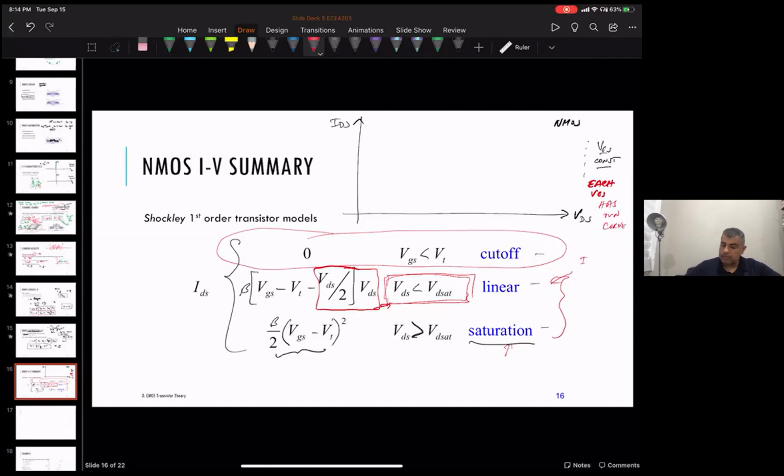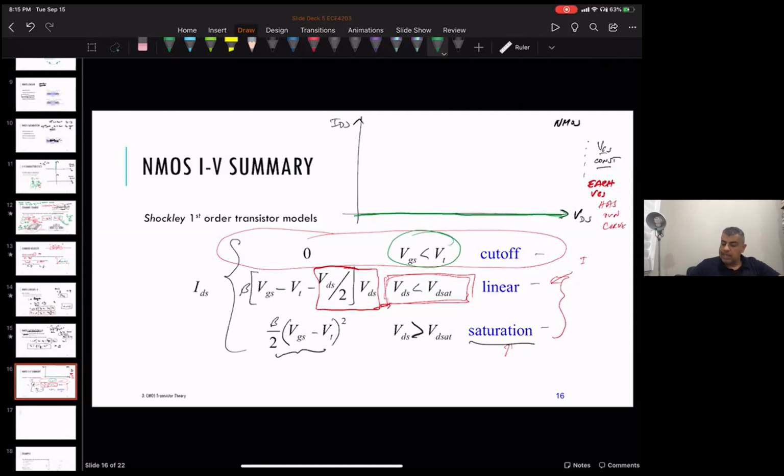Okay, so let's take the curve when, let's say, VGS is 0. So what does it look like? If VGS is 0, that means we're in the cutoff region, meaning there is no current. So this green would be your curve.